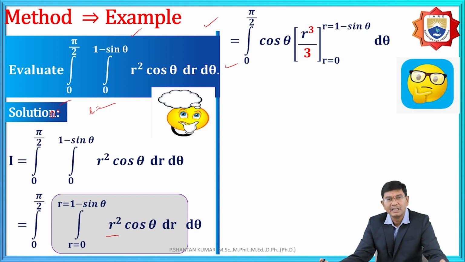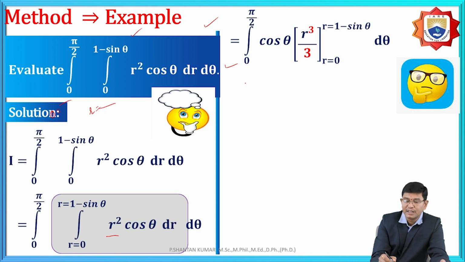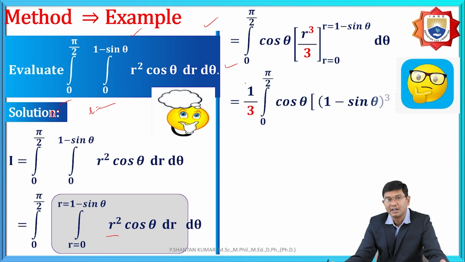Further, we replace r with the upper limit 1 minus sin θ and the lower limit 0. So it becomes the integration from 0 to π/2 of cos θ (1 minus sin θ) whole cube by 3 dθ, because the lower limit r equal to 0 gives the value 0.